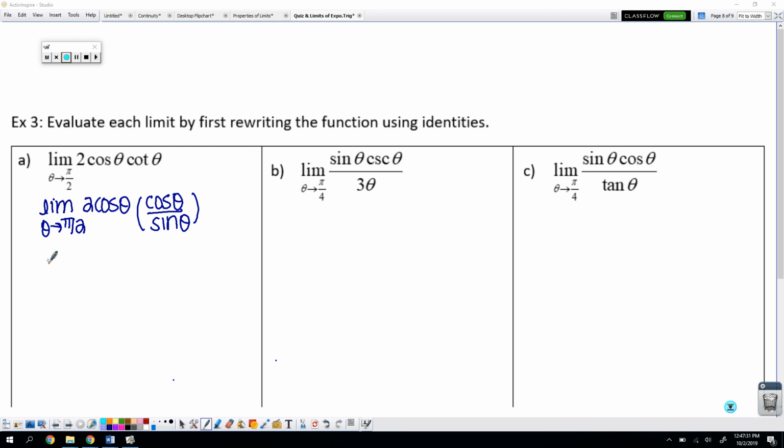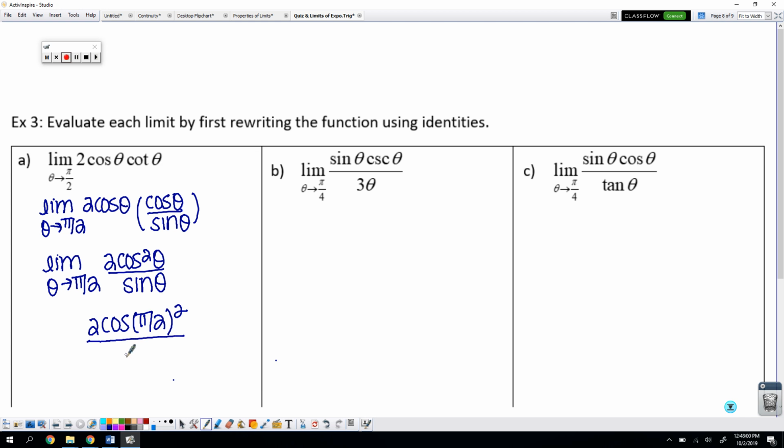And now we should go through and just put it together. So we have the limit as theta approaches pi over 2 of 2 cosine squared theta over sine theta. Now we can just go through and plug in because the sine of pi over 2 doesn't get a 0. So we can actually just plug in. So 2 cosine of pi over 2 and then square it afterwards over sine of pi over 2.